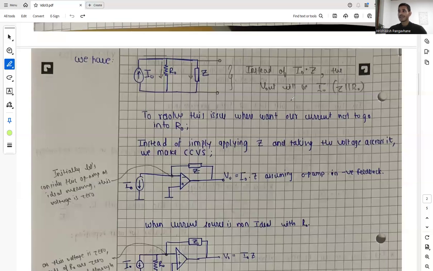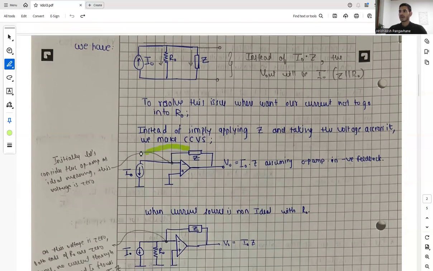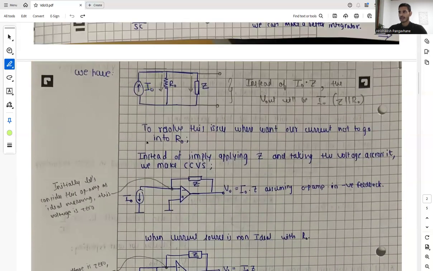Instead of simply applying Z and taking the voltage across it, we make a current controlled voltage source. This is how a current controlled voltage source looks, where we have an op-amp, and in its feedback network impedance Z is connected, and we have I naught as our input.